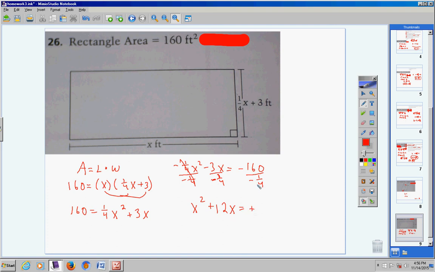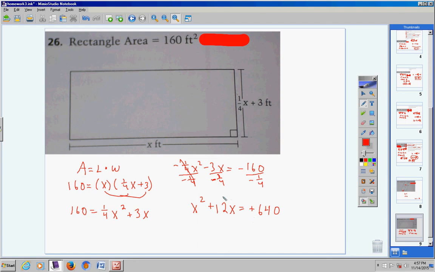And 160 divided by 1/4 is 640. Alright. Now, step 2 has been done. Okay, moving on. Step 2 is done.